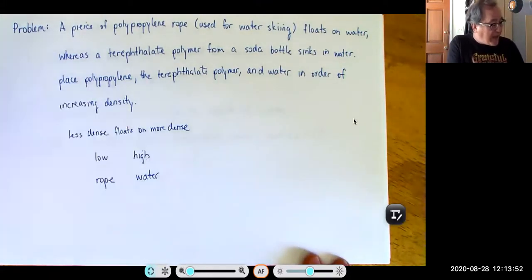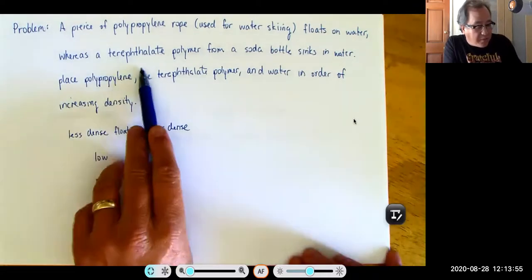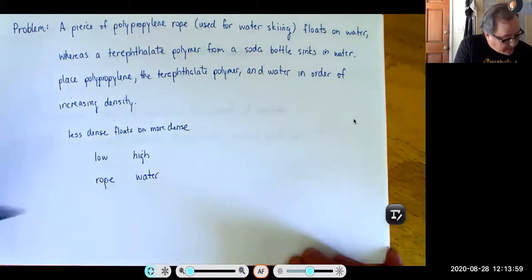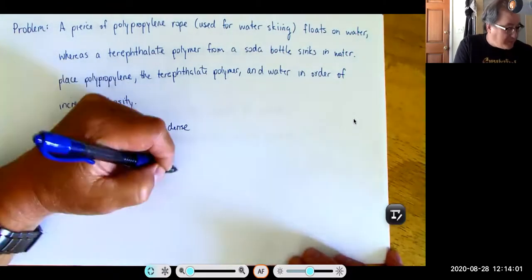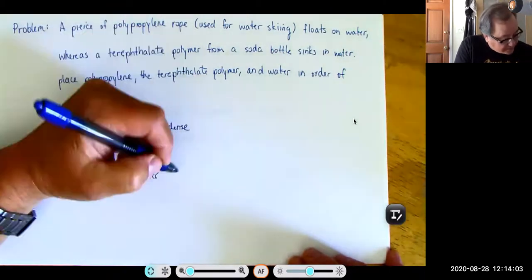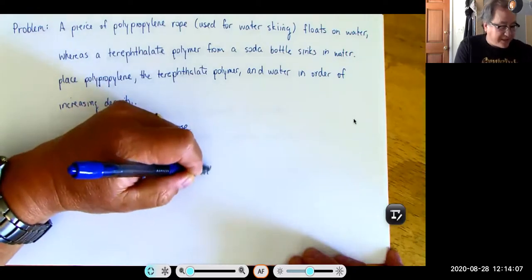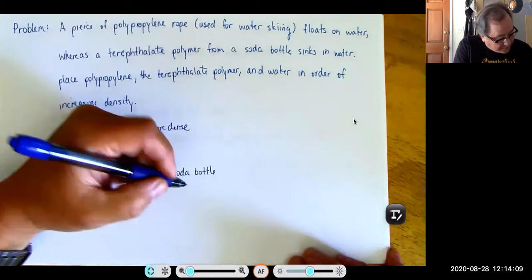Now next, the terephthalate polymer from a soda bottle sinks in water. So even higher yet is going to be the soda bottle, which is the terephthalate polymer.